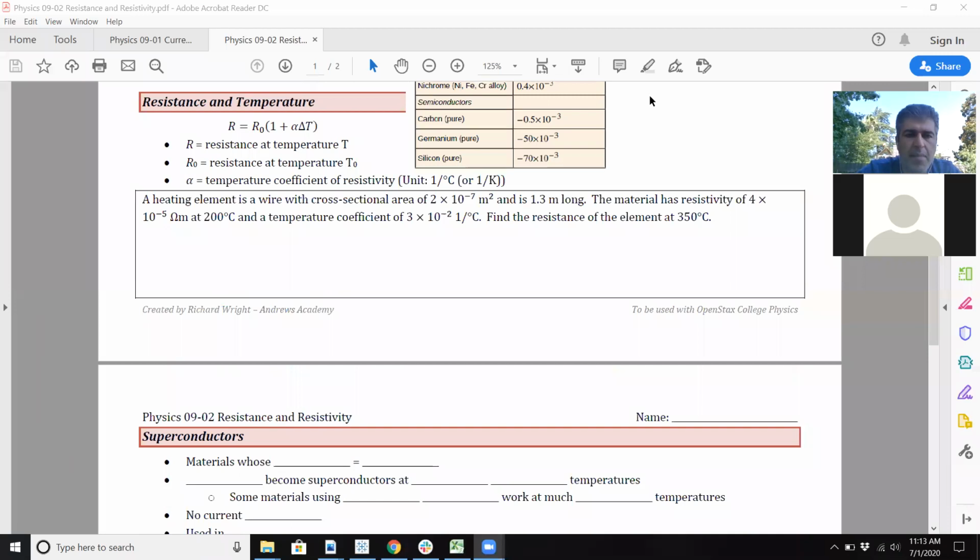So a heating element is a wire with a cross-section area of 2 times 10 to the negative 7th square meters that is 1.3 meters long. The material's resistivity is 4 times 10 to the negative fifth ohm meters at 200 degrees Celsius, with a given temperature coefficient. Find the resistance of the element at 350 degrees, which is usually what we're heating it up to, right? So what we first need to do, we know this formula, right?